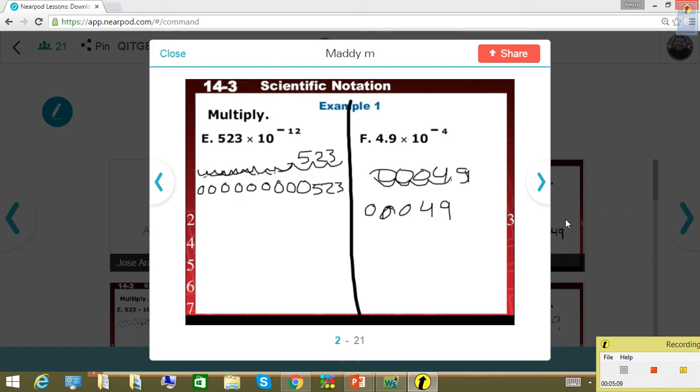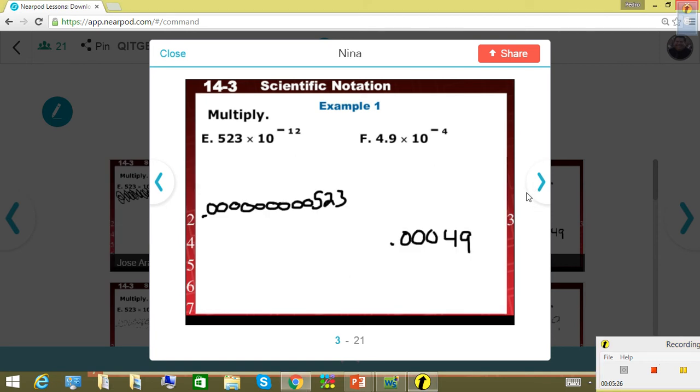Okay, look up to the screen. Do you agree with those answers? No, there's no decimal. It's missing the what? Decimal. Make sure you write your decimal at the end of each number. This one, let's see, we moved it 4 times, so that needs to have 3 zeros, right? This one we moved it 12 times, but these are 3 spaces, so how many zeros do we need to have? 9. 3, 6, 9.